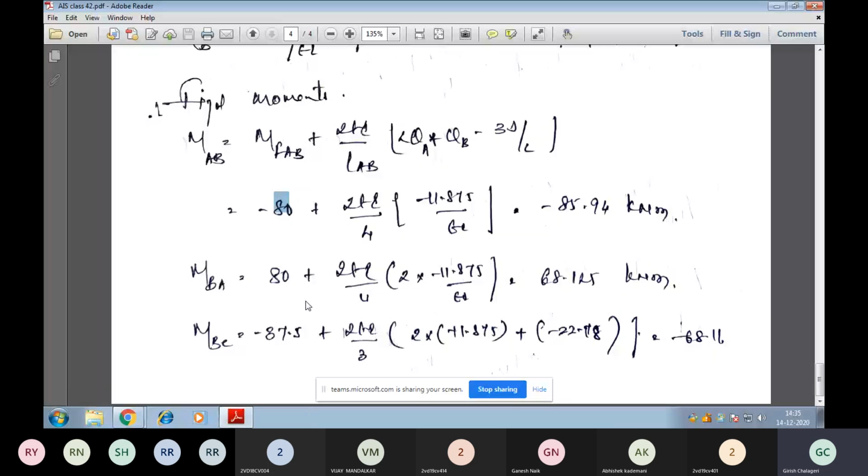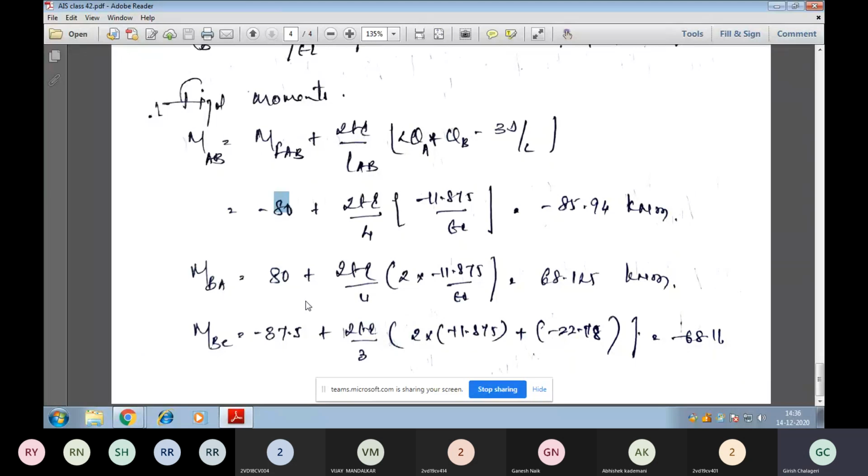So coming to joint B here, we take member BA. You can see the formula will be MFBA plus 2EI by LBA, bracket of 2 times theta B plus theta A minus 3 delta by L. Delta is 0, theta A is 0, so we are left with only theta B. Theta B is nothing but minus 11.875.